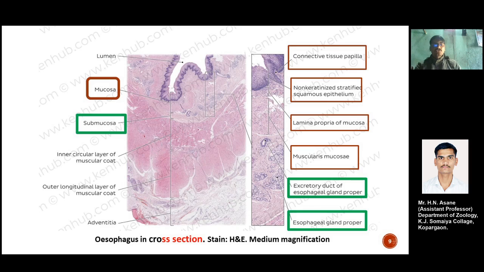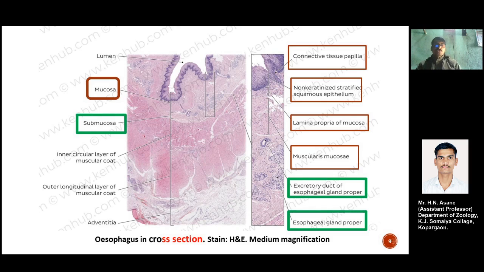Then you can see the submucosa layer, the second layer of the esophagus. The excretory duct of the esophageal gland proper is present in the submucosa layer.